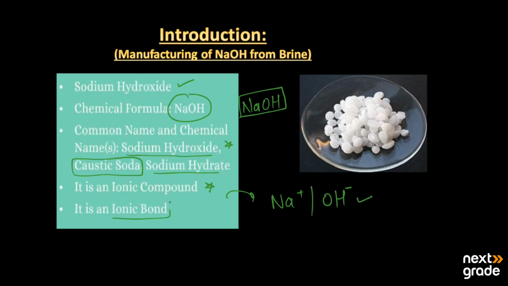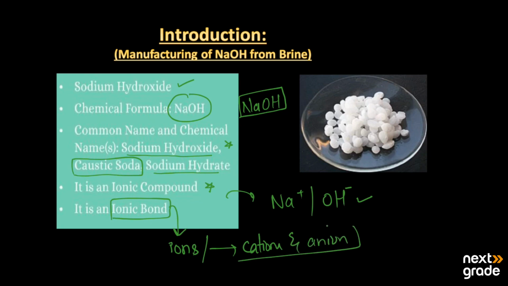It has an ionic bond, so it is called an ionic compound. An ionic bond is a bond formed between ions, and these ions may be of two types: cations and anions. So it consists of cations and anions, and it is an ionic compound.